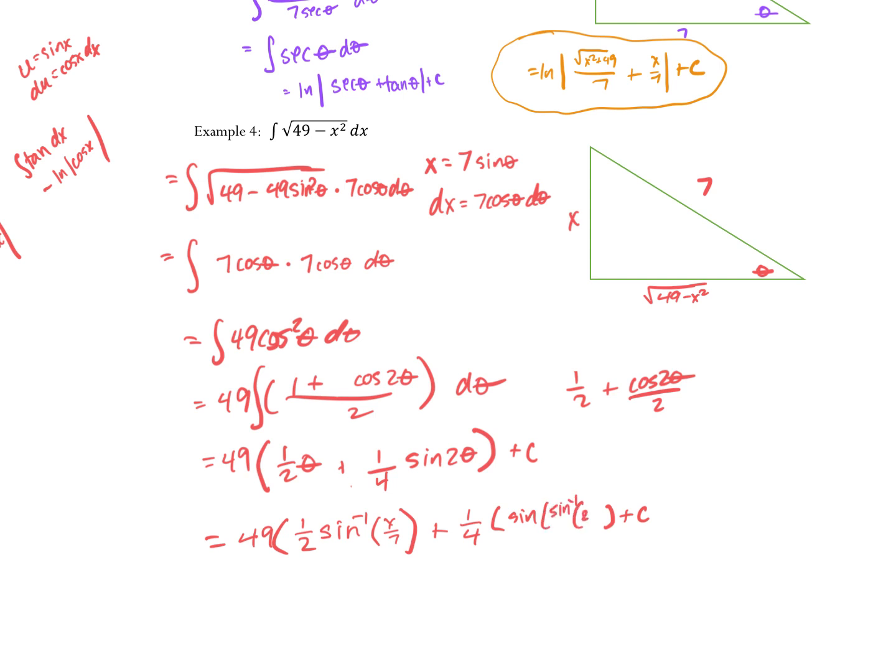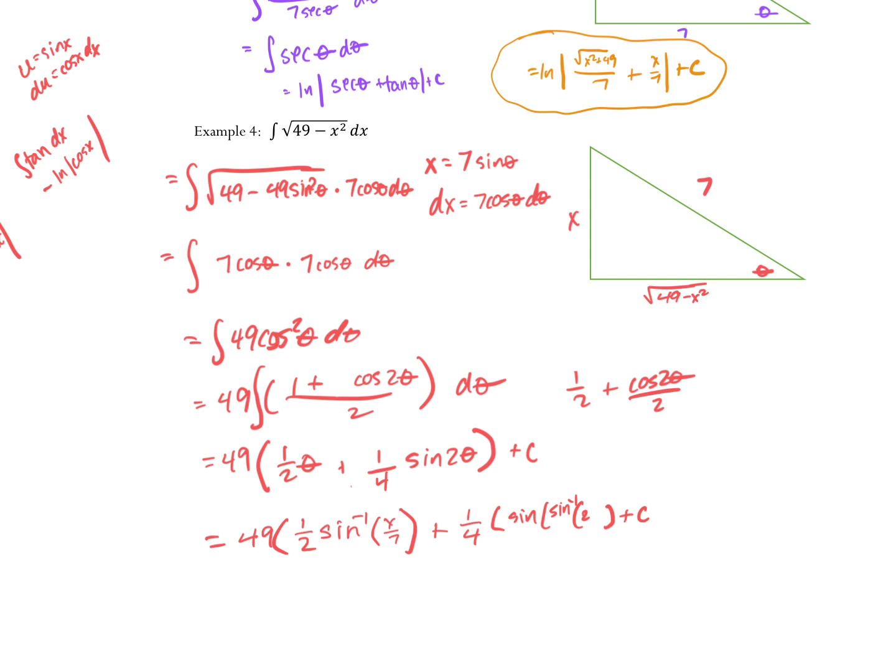Well, no, the 2 would be multiplied by the sine inverse. Like, I have it as sine parentheses 2 arc sine x over 7. If you multiply sine and arc sine, do they cancel out? Well, you don't multiply them. You would take the sine of arc sine. Does it still cancel out?